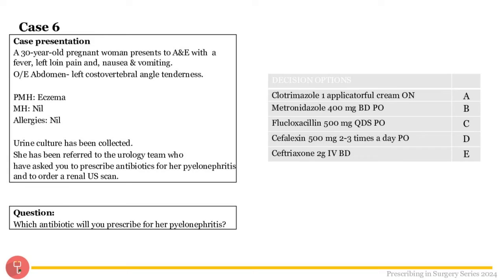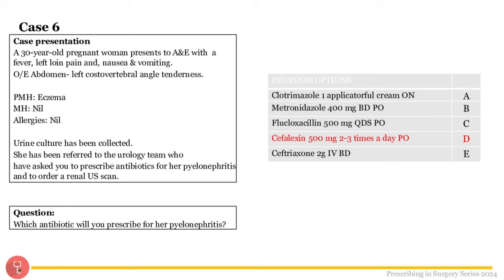Okay, any more responses? Okay, so equal amount of people going for D and E, with 11% of people going for C. Okay, so the correct answer is D, cephalexin, 500 milligrams, 2 to 3 times a day per oral. And I'll just go through why it's not the other options.